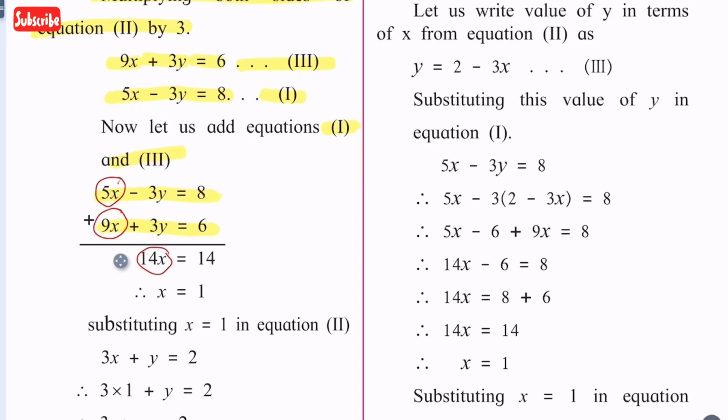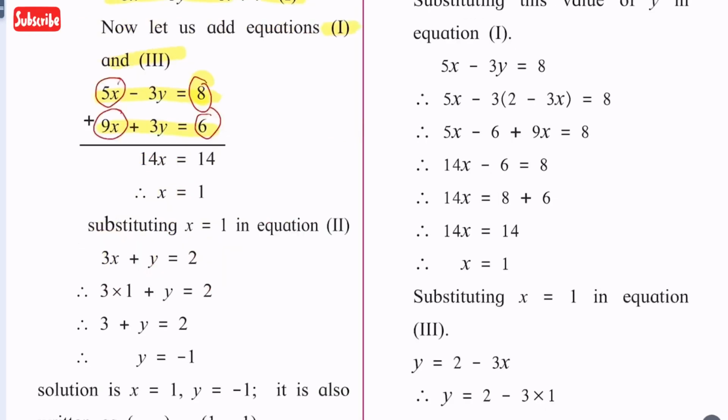Minus 3y plus 3y is 0, that we need not write, equal to 8 plus 6 is 14. So 14x equal to 14. Therefore x equal to 14 by 14, which equals 1. Therefore the value of x equals 1.